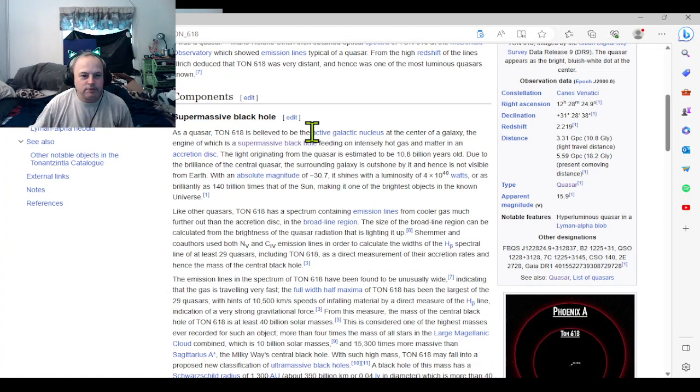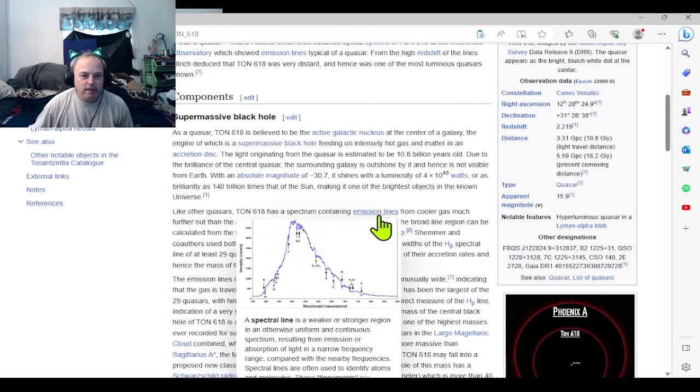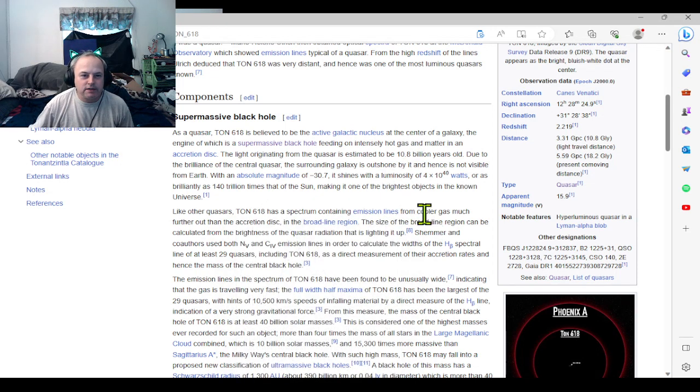So what is this? This one says supermassive. As a quasar, Ton 618 is believed to be the active galactic nucleus at the center of a galaxy, the engine of which is a supermassive black hole feeding on intensely hot gases and matter in an accretion disk. The light from the quasar is approximately 10.8 billion light years old.